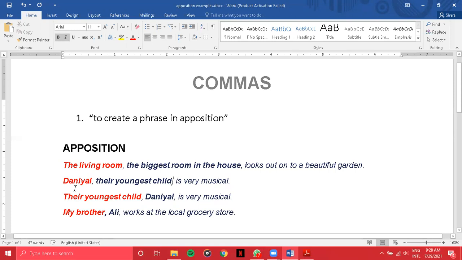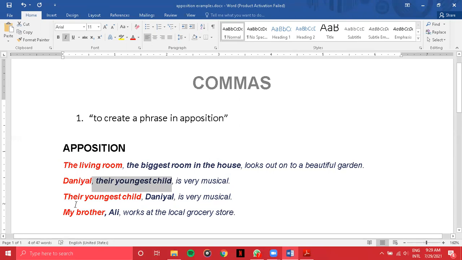Now, when exactly are commas used in apposition? It's when both of these noun phrases are separated using commas, and when they're separated, it's necessary that the second noun phrase is in reference to the first. It has to be giving extra information about the first noun phrase, right?